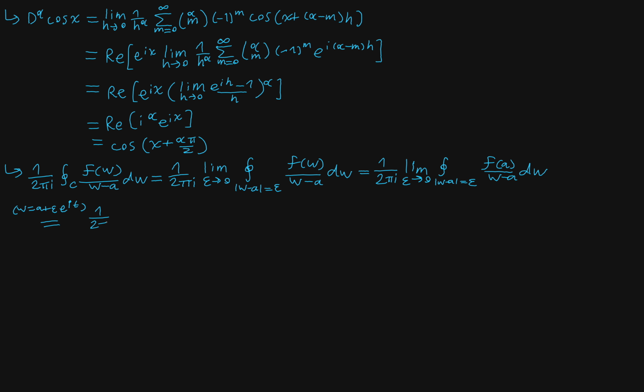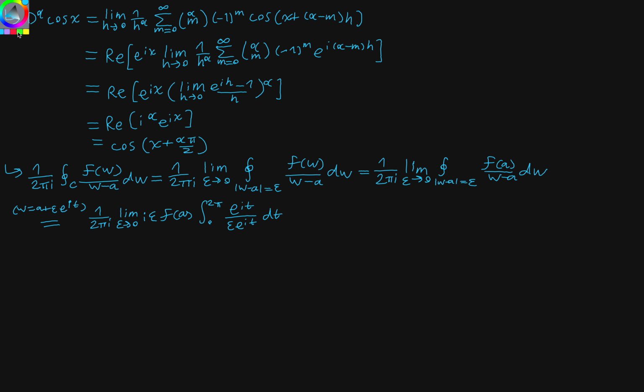So we have 1 over 2 pi i times the limit, epsilon approaching 0. The derivative of this w over here gives i epsilon e to the it, so we can pull out an i epsilon. We can also pull out f(a), and so we just have the integral over the full circle, 0 to 2 pi, of another e to the it over here, then the w minus a just becomes epsilon e to the it dt.